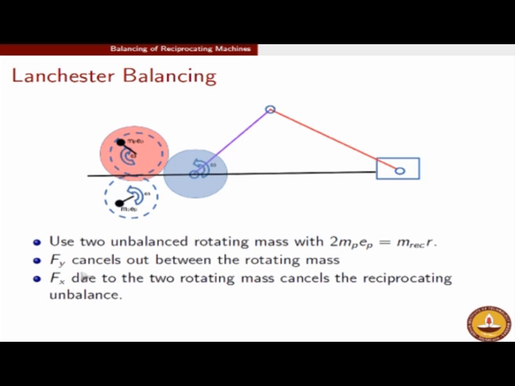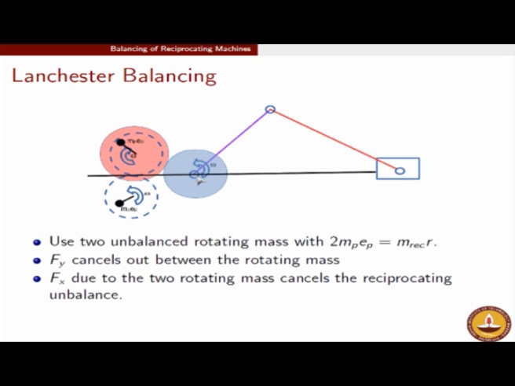Similarly, Fy is cancelling between these two rotations, Fx is actually adding up between these two rotations, and this Fx is now cancelling the Fx produced by the crank. So we know that the reciprocating force is equivalent to the rotating force along the x direction.